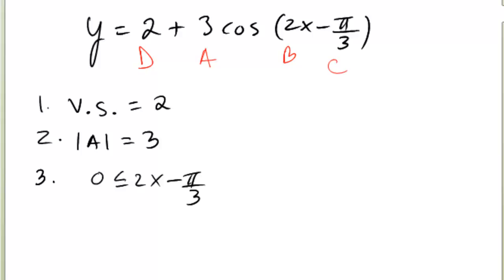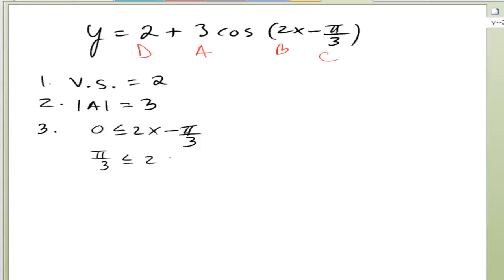The reason we're doing this is the graph of cosine usually starts at x equals 0, and we have a phase shift and a change of period, and I want to see how that affects the values of x. Solving here, we get pi over 3 less than or equal to 2x, and then dividing by 2, we get pi over 6 less than or equal to x. So this tells me the starting point of my graph of cosine is at pi over 6 instead of 0.